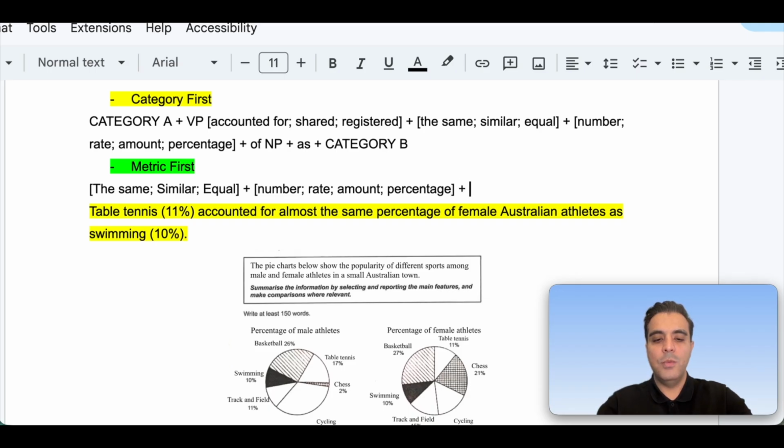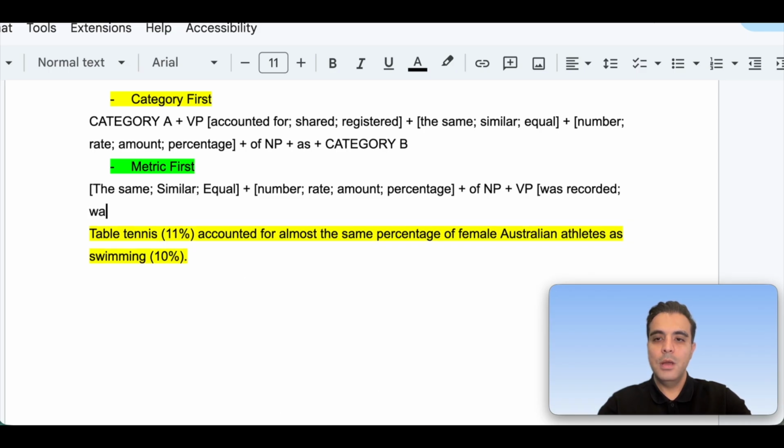We follow it up with "of" NP. Next, we need some kind of verb. And the verbs that you can use in the metric first structure include "was recorded" or "was seen." Now we put both categories at the end.